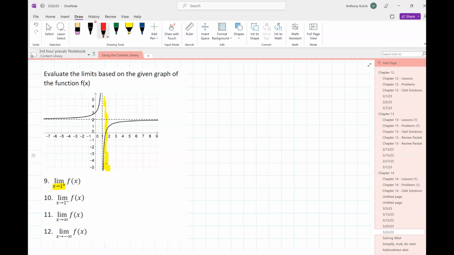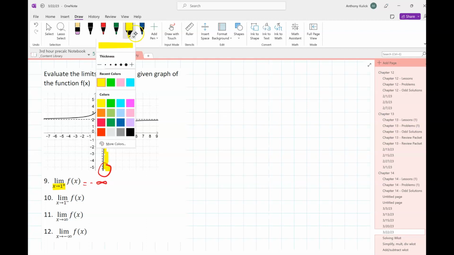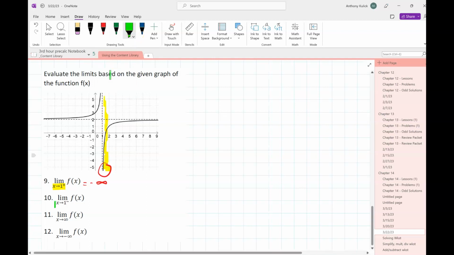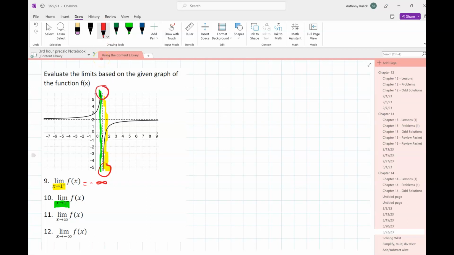If I look at what the graph is doing there, it's pointing down. So that goes to negative infinity. If I were talking about the next one, that's going to be the left side of x equals 1. If I look at what the graph is doing there, it's pointing up. So that limit is going to positive infinity.